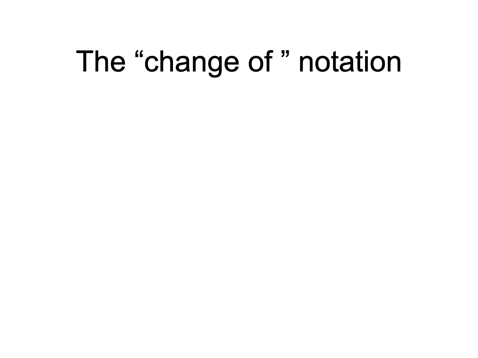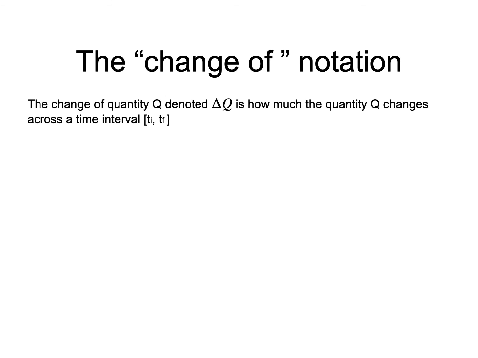A calculation that is often done is evaluating the change of a quantity over a time interval. If the symbol delta, which looks like a triangle, is placed before a variable, it is the change of that variable over a specific time interval that is required. Delta means change of. Delta Q can be evaluated by subtracting Qi from Qf.